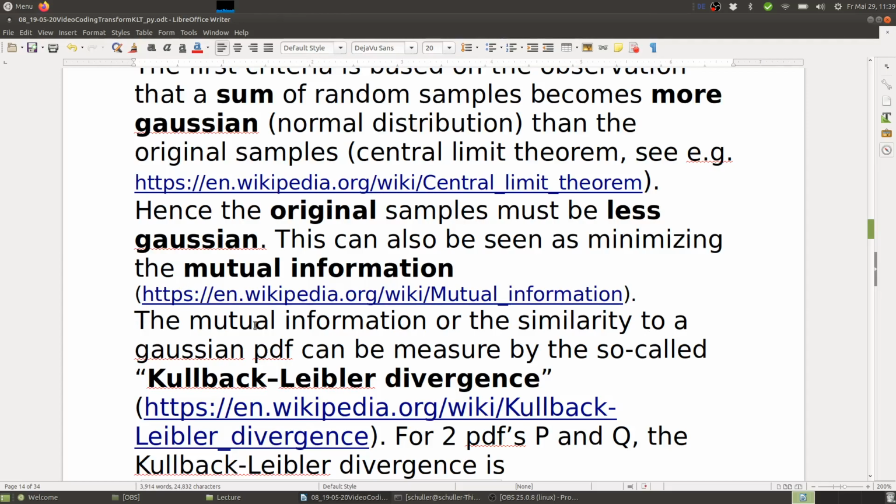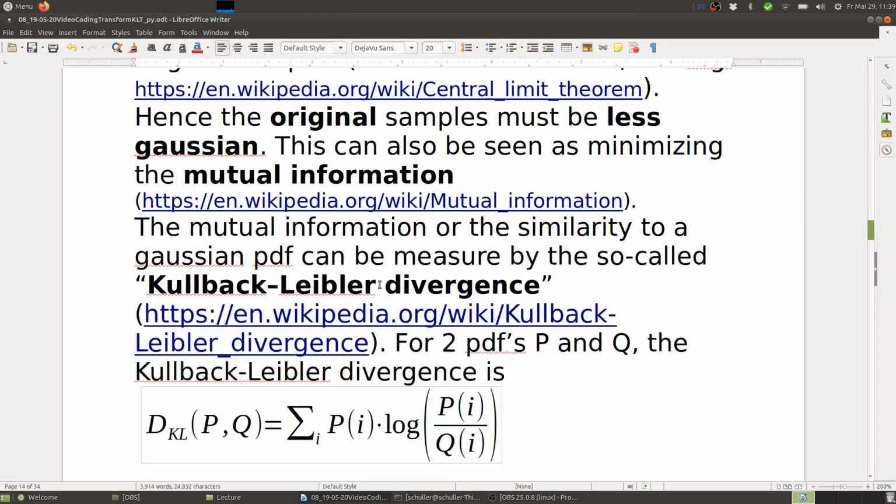Yeah, the mutual information or the similarity to a Gaussian PDF can also be measured by the so-called Kullback-Leibler divergence. So this is usually easier to compute than directly the mutual information. Right?